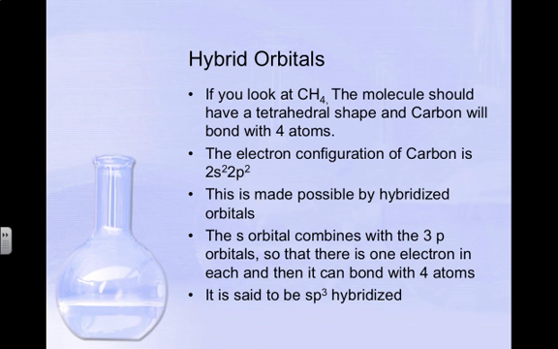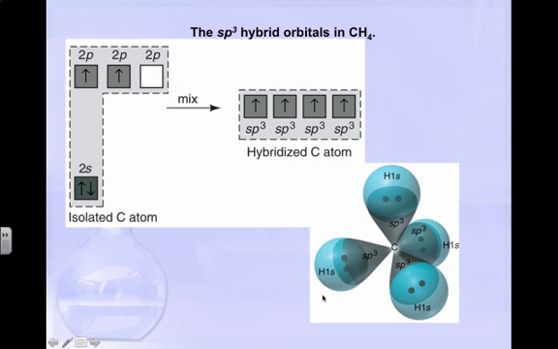So the s orbital will combine with 3 p orbitals so that there's 1 electron in each, and then it can bond with 4 atoms. Each bond allows the 1 electron that it's sharing from the other atom to come into the orbital. So we say that this one is sp3 hybridized.